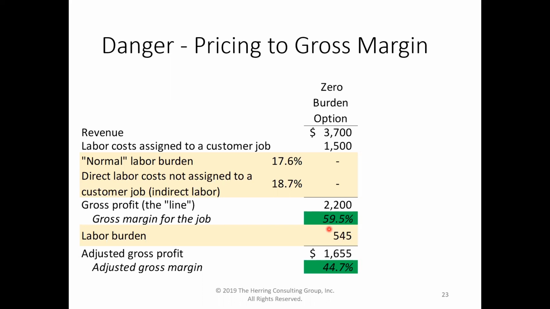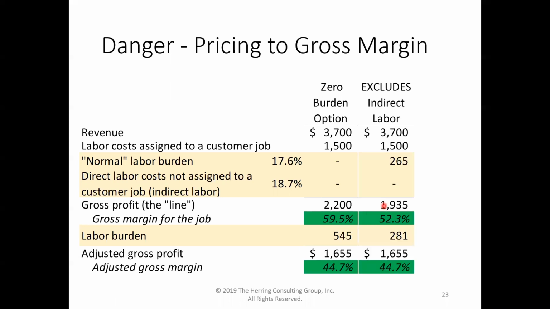Well, if you look at that labor burden, right, 545 is the sum of those two percentages multiplied by the $1,500. The adjusted gross profit or adjusted gross margin, that's kind of a made-up term by me, is 44.7%. That's that 44 that we were referencing. So another company might include the normal labor burden and might exclude the indirect labor.